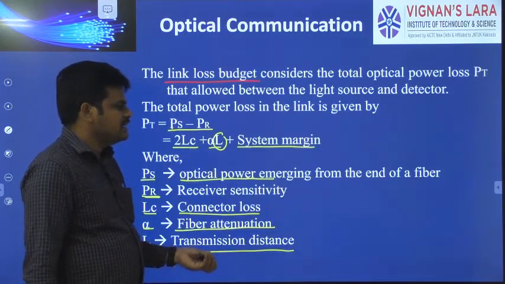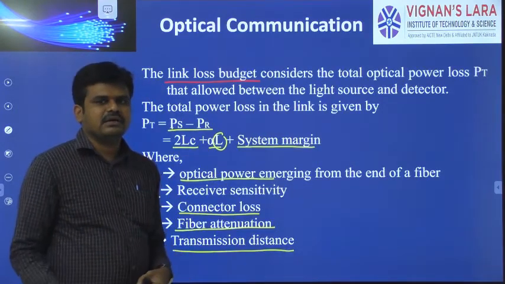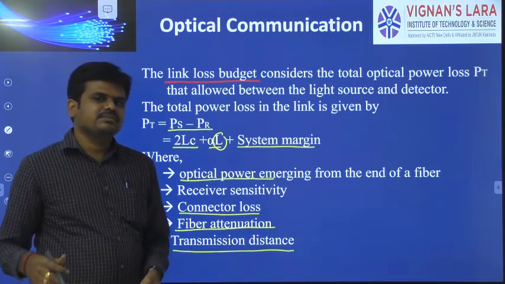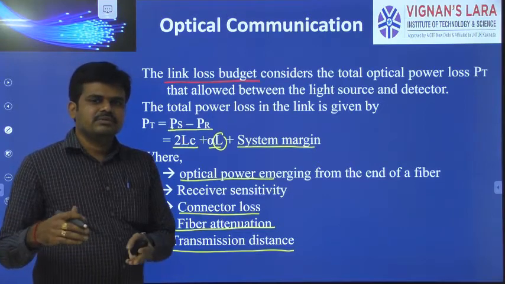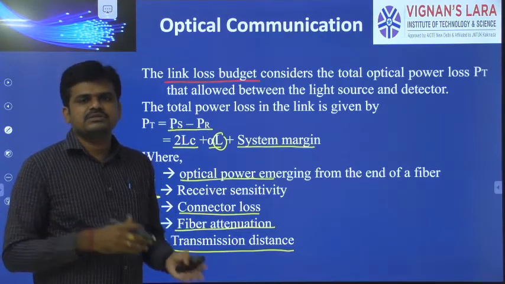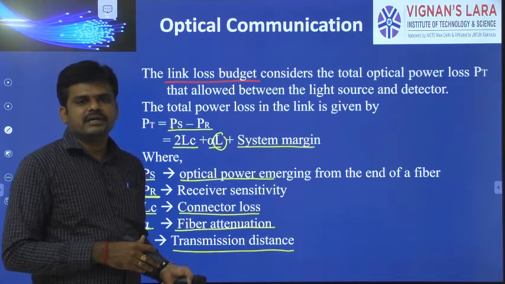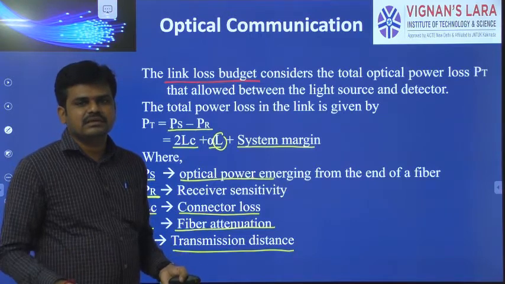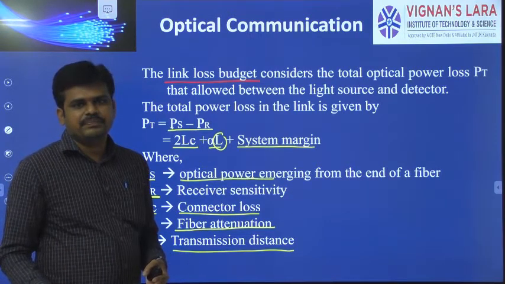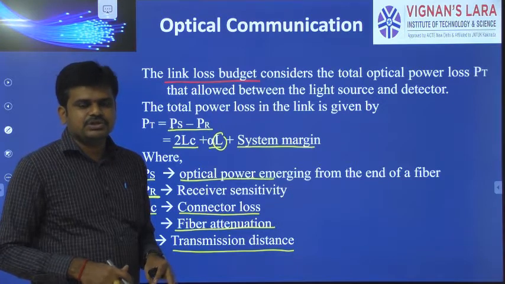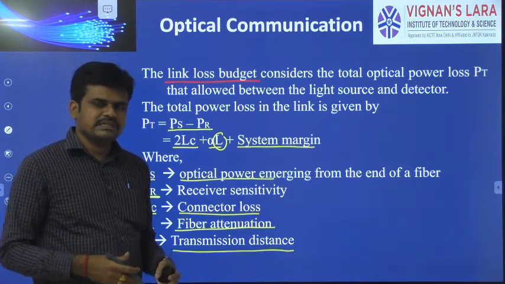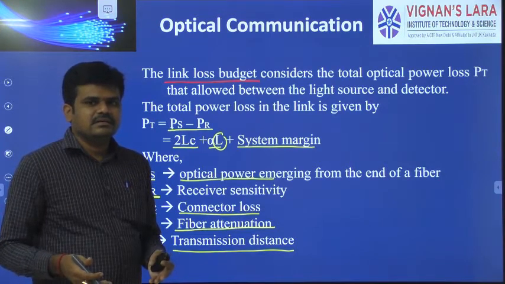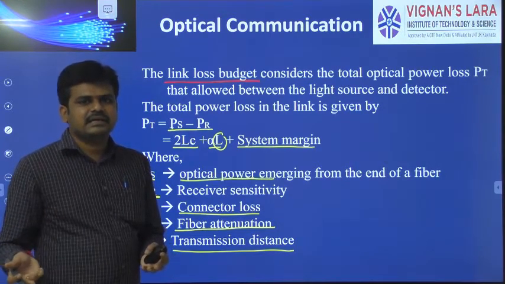In other words, light is falling on the detector, but the detector is unable to generate the time varying current proportional to the input optical power. This means the detector is not sensitive to the input optical power, or its sensitivity is low. Due to poor sensitivity, some power loss is occurring at the detector point.